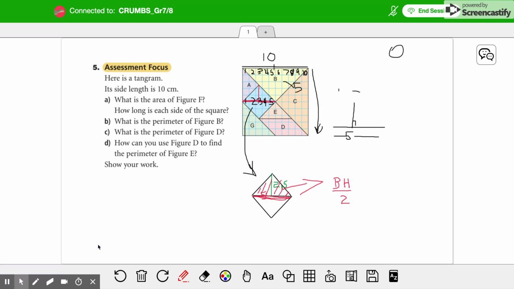That would give me that portion. What's the base worth? 5. What's the height? 2.5. And then we divide that by 2, so grab your calculator. I got 6.25. So 6.25 would be the red, where I did the slashing part.